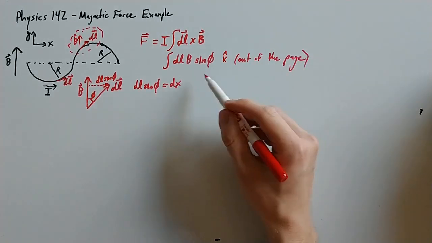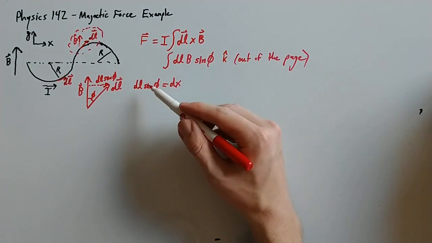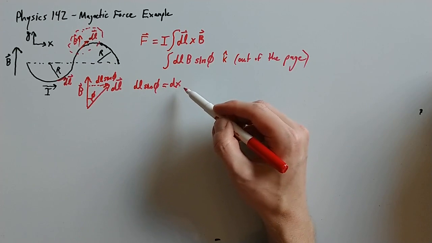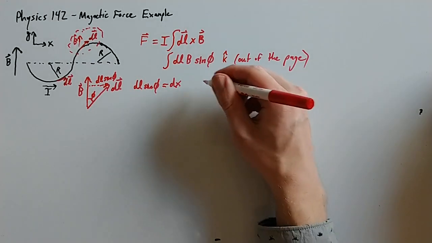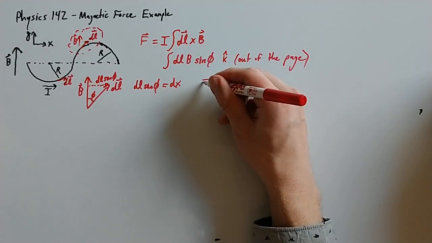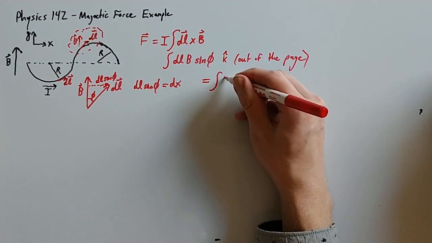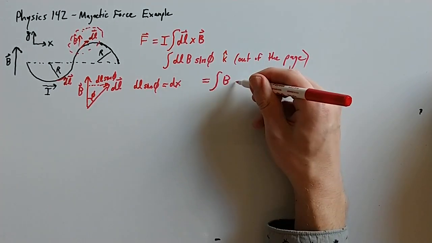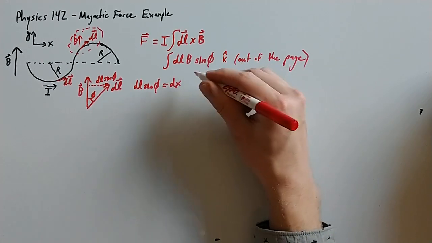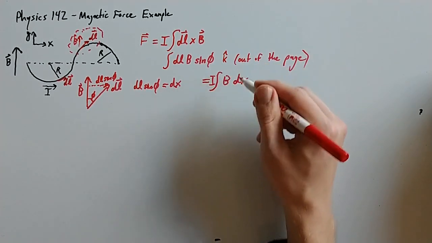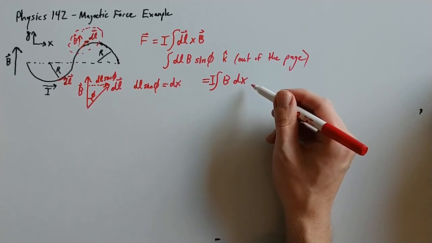All right, good. So we know it's always coming out of the page. We know we can replace dl sine theta with dx. So let's go ahead and do that. Now we have the integral of B, and we're replacing dl sine theta with dx. And I still have the I out front, right? So I times the integral of B dx.